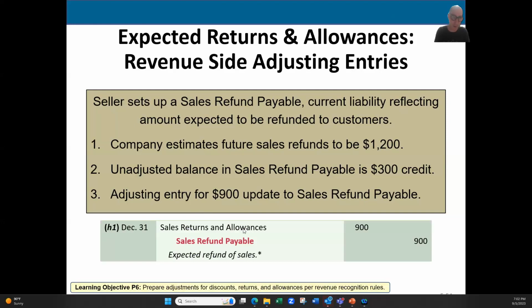Here's another example of an adjustment that we would make. This one is returns and allowances and refund. This one's a refund payable. It works very similar to an accounts payable.